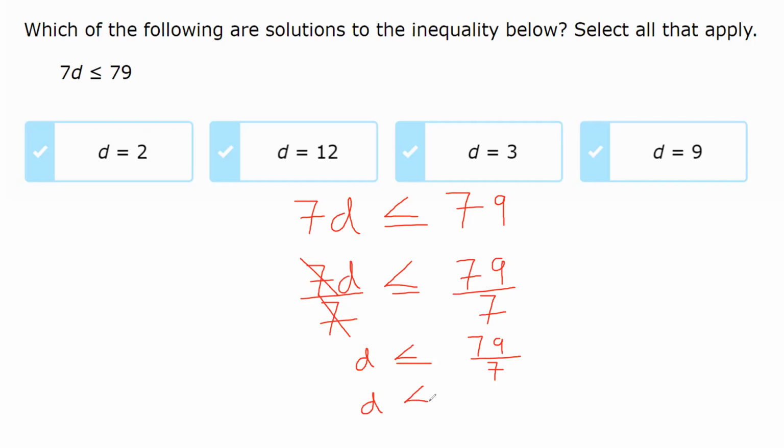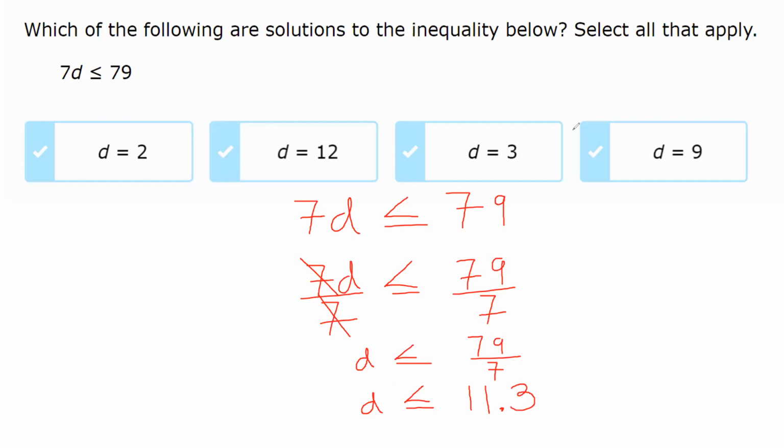It's basically 11.3, correct to 1 decimal place. So D is less than or equal to 11.3.